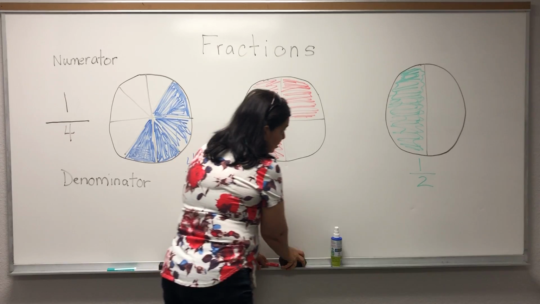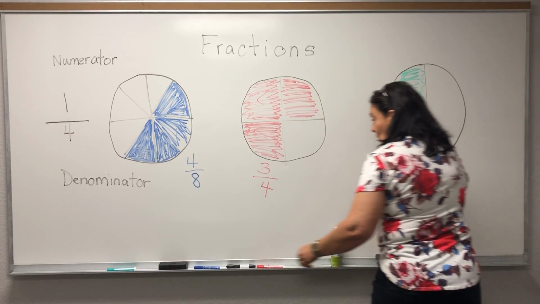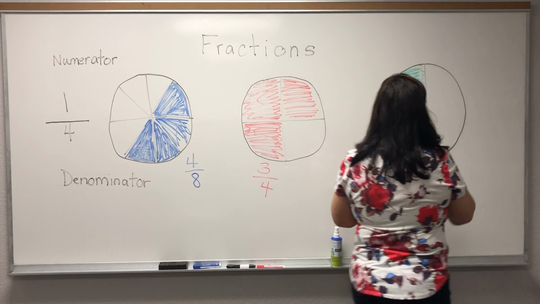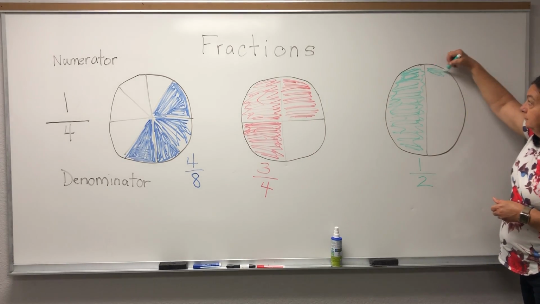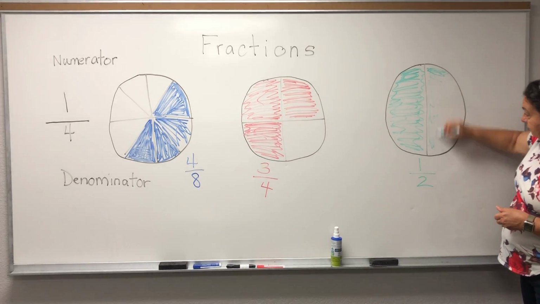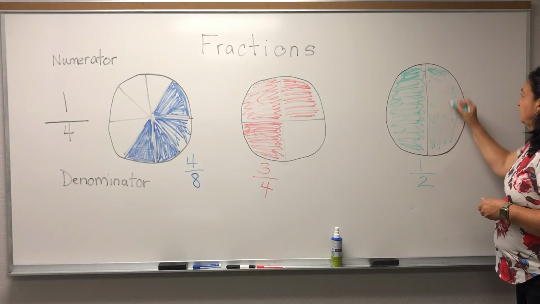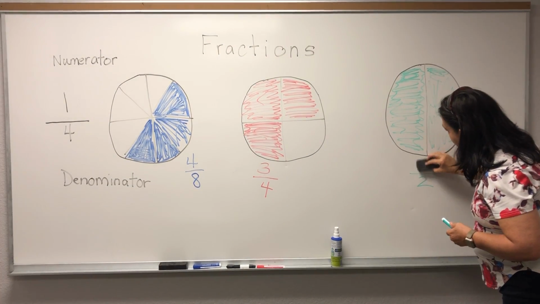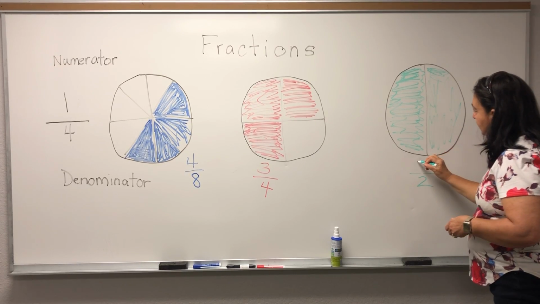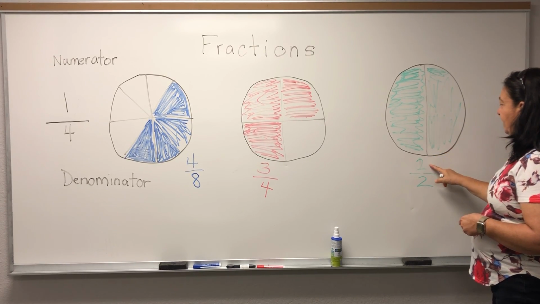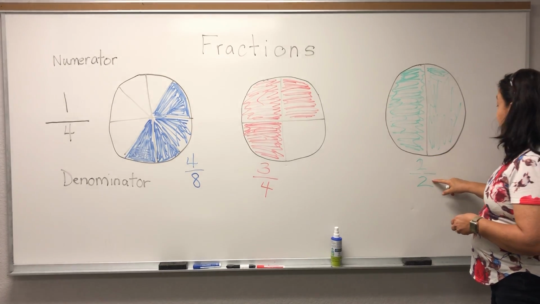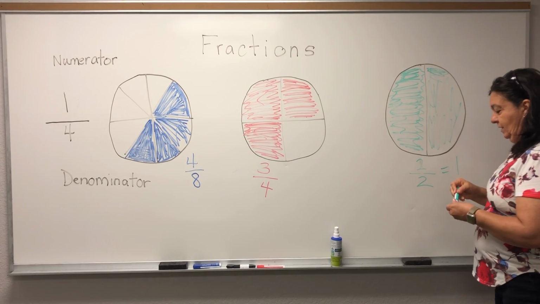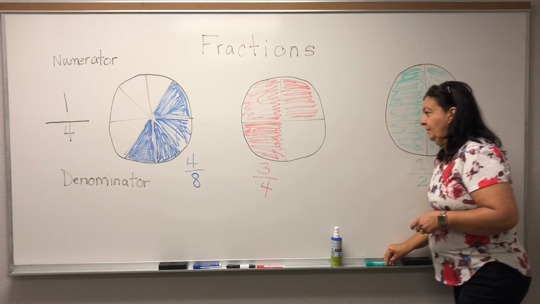There's really nothing I can do with the last one unless we want to eat the whole cookie. And if we eat the whole cookie, we put a 2 up here, and we haven't learned that yet, but if you divide 2 into 2, it's 1, so that's 1 whole that we ate of the cookie.